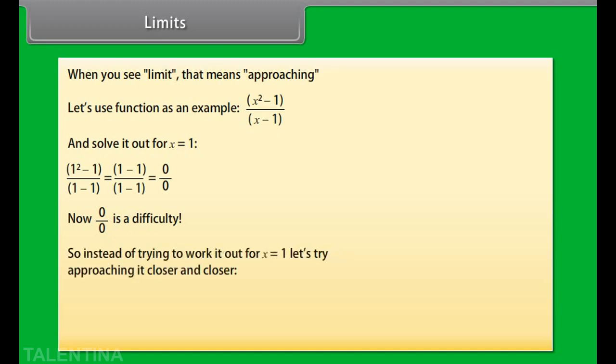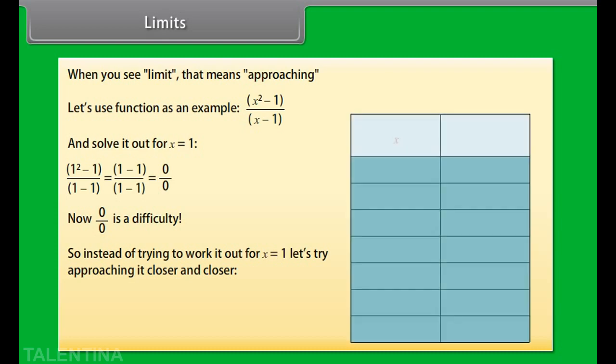So, instead of trying to work it out for x = 1, let's try approaching it closer and closer. For x = 0.5, the value of the function is 1.50000. For x = 0.9, the value is 1.90000. For x = 0.99, it is 1.99000.